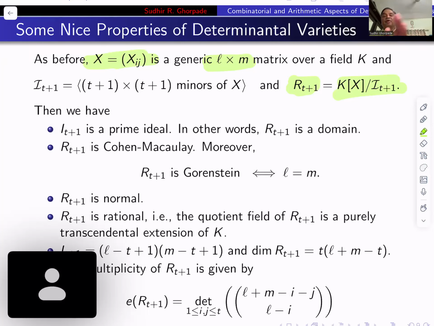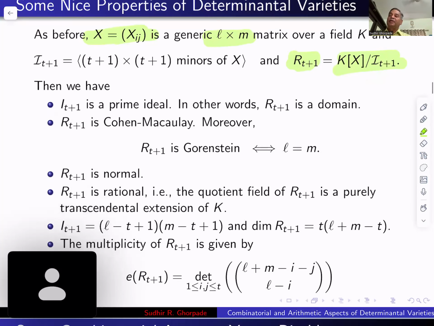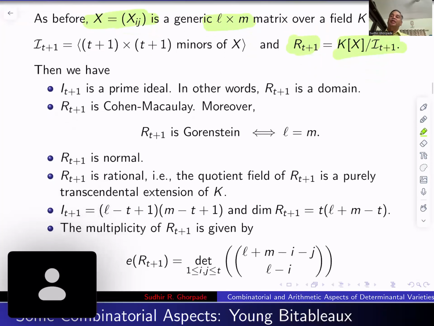And in fact, we also know when this Cohen-Macaulay ring is Gorenstein. It is Gorenstein if and only if the base matrix is a square matrix, that is L is equal to M. Now, this is an integral domain. Another nice property is that this integral domain, or if you like the affine coordinate ring, is normal. Sometimes you say this is projectively normal.